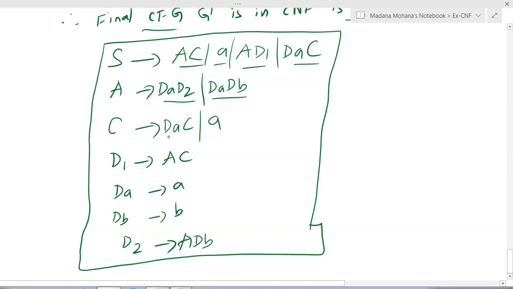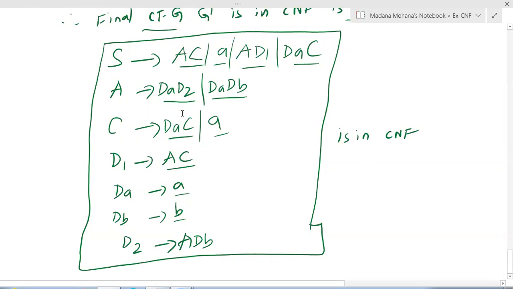Then C productions, D suffix A C, two variables length, or a single terminal. Then D1 derives AC, two variables. D suffix A derives single terminal A. D suffix B derives single terminal B. Then D2 derives A D suffix B, so two variables. Therefore, the grammar is in CNF. The final grammar is in Chomsky normal form.